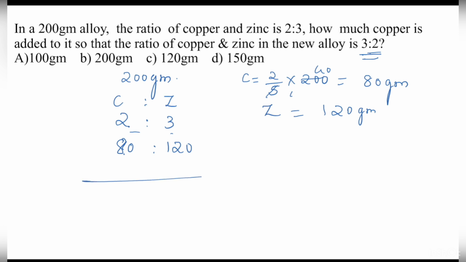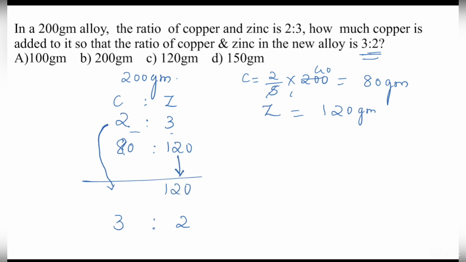Now they are asking how much copper must be added so that the ratio becomes 3:2. We know that they are only adding copper, so zinc remains the same, that is 120 itself.